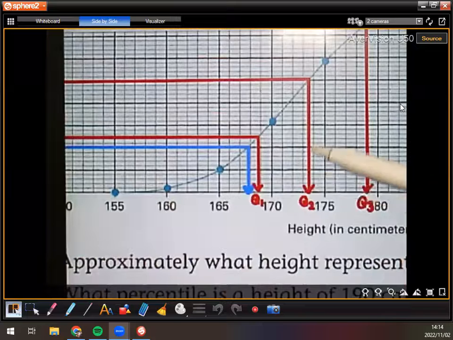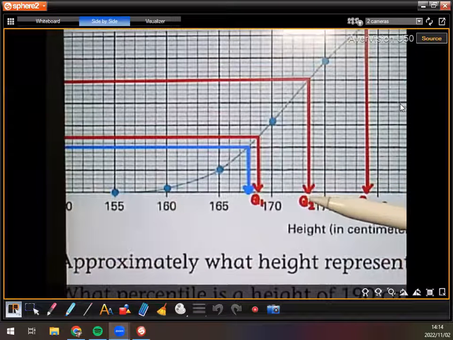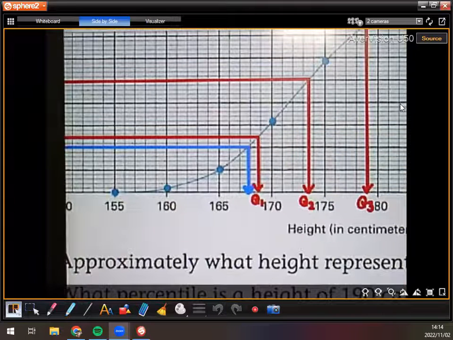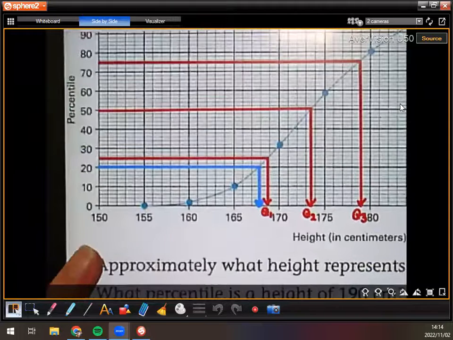Does kind of look like 173.5, hey? That's 170, 171, 2, 3, and then 0.5. But if your line went a little bit past and it's at 174, we do look at your line before. That gives you something around there.